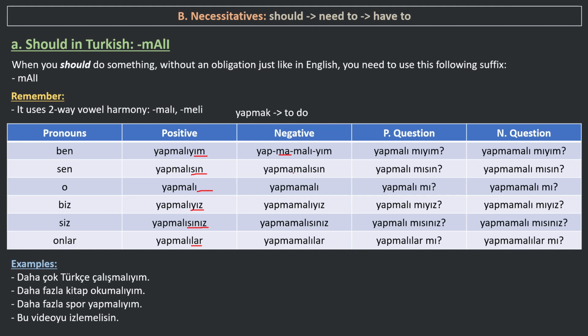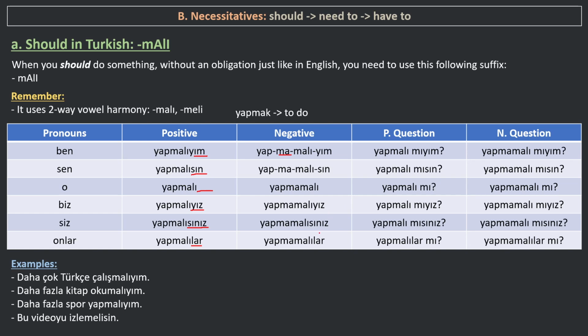And sen yapmamalısın. Again, stem of the verb yap, and then negative yapma, and then malısın. Yapmamalısın, yapmamalı, yapmamalıyız, yapmamalısınız, yapmamalılar.